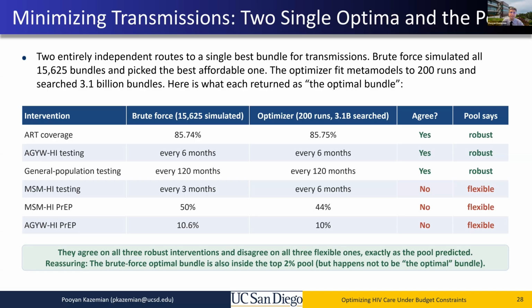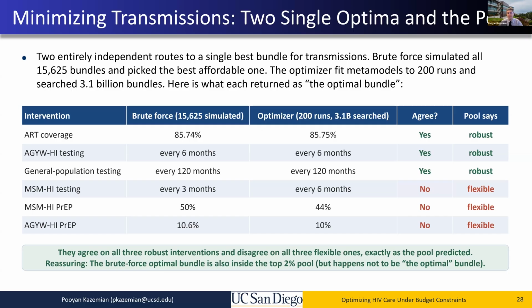What is interesting here is that exactly those three interventions that were labeled robust, based on our solution pool, agree with each other. And those three interventions that were labeled as flexible do not necessarily agree with each other. That is an important finding, because both of these, quote unquote, optimal solutions result in almost the same number of transmissions.